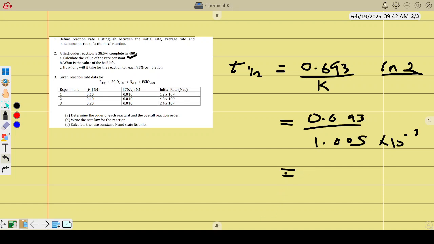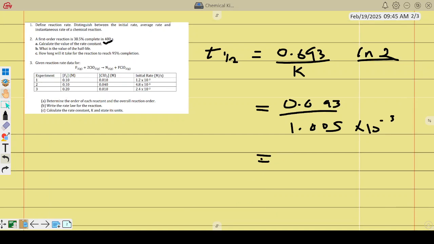Wait. What value are we getting? 0.693 divided by 1. Okay. So, yeah, this value doesn't look promising.